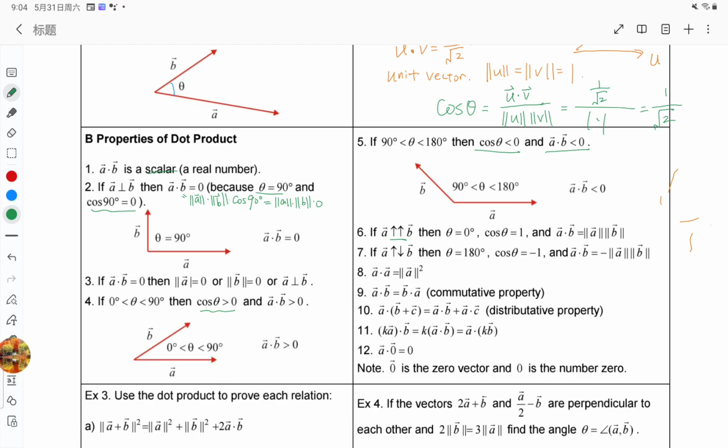Then the theta between A and B is 0, so cosine theta is 1, so A inner product B is norm A times norm B, right? Also parallel but in different directions, up and down, theta is 180, cosine theta is negative 1, so the inner product of A and B is negative norm A times norm B. I think it's fine here.